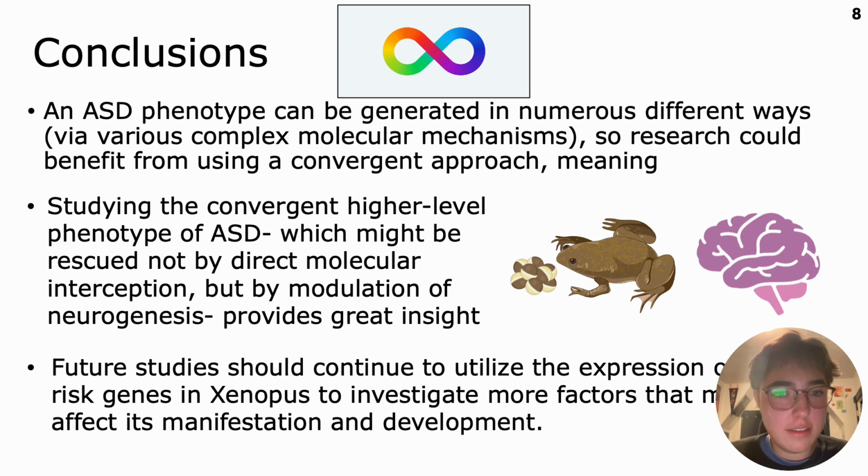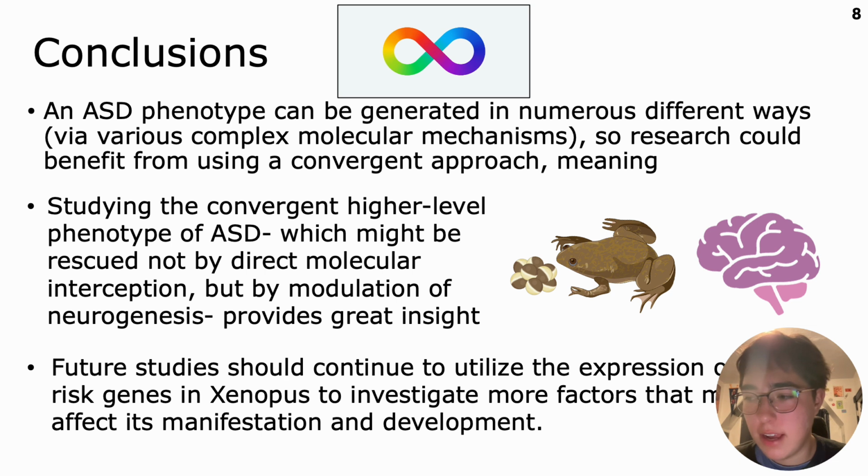So, to summarize, an ASD phenotype in a model organism can be generated in numerous different ways, just as it can be generated in numerous different ways in humans. So research can really benefit from using a convergent approach, which means studying the higher level phenotype of ASD, which might not be rescued by direct molecular interception, but by modulation of neurogenesis, so from a higher level.